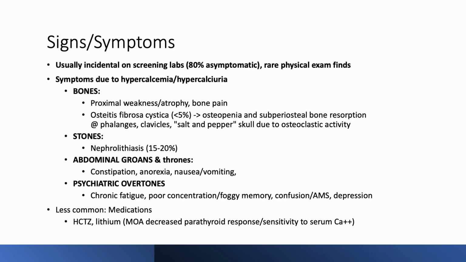Okay, so in terms of signs and symptoms, they're very intuitive, what you would think of with this chronic hypercalcemia, okay? This is generally incidental on screening labs. 80% of these patients are asymptomatic until they are. There's rarely any sort of physical exam findings.